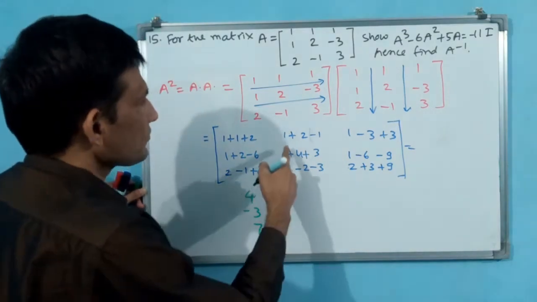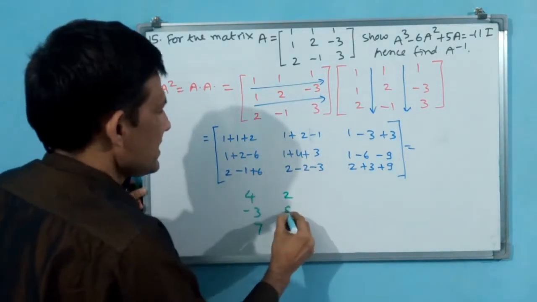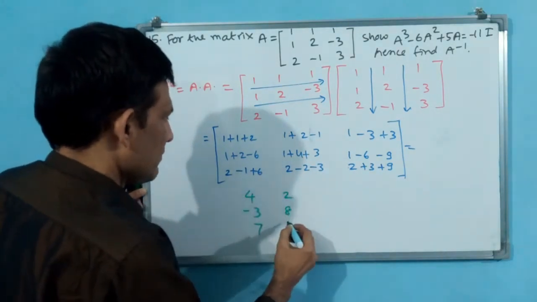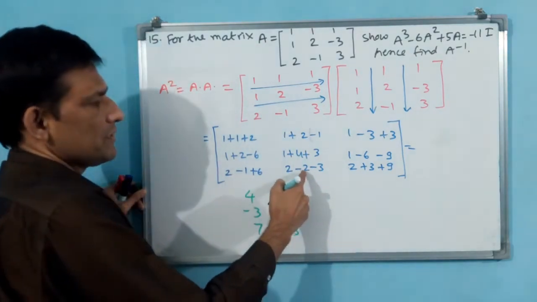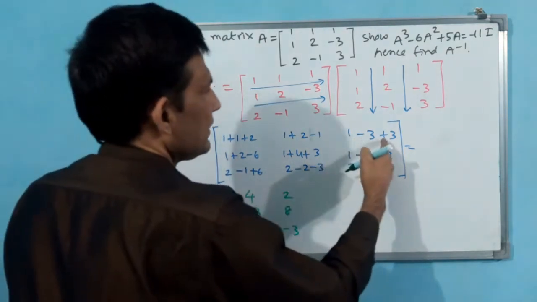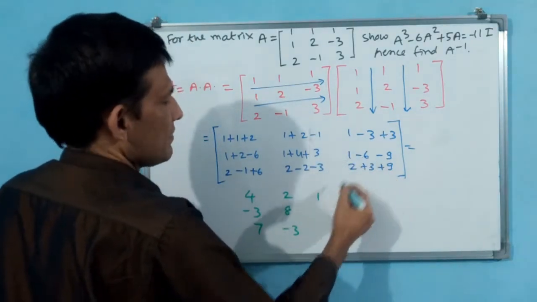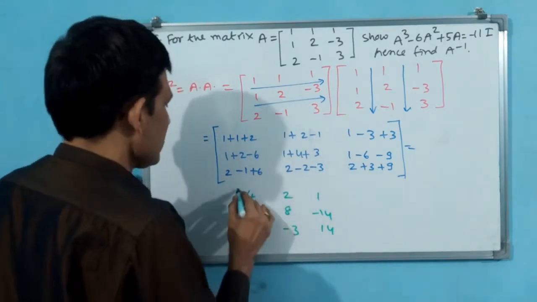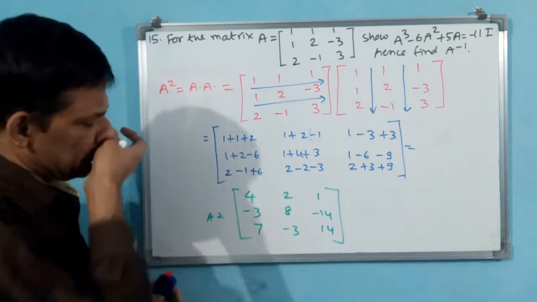Then 2, 8, minus 3. Why? Because 2 minus 2 is going to get cancelled. Then 1 minus 15 minus 14, 5, 14. Is it okay? This is A square.